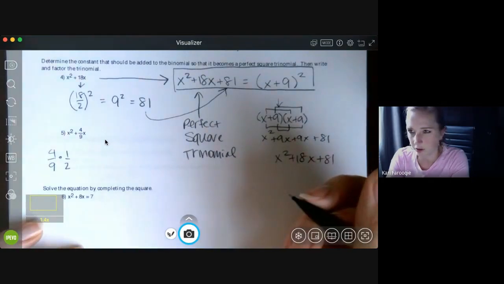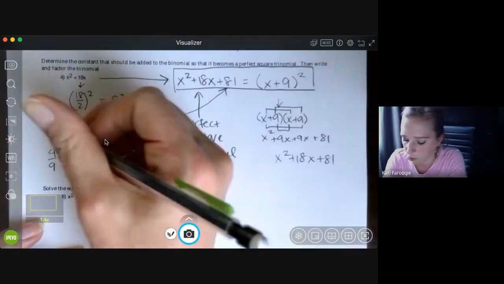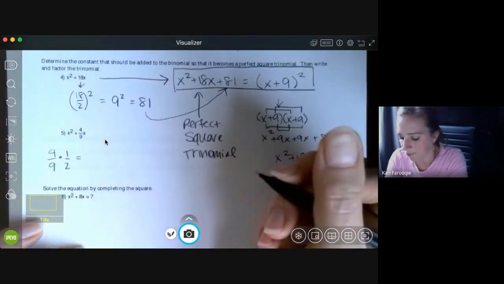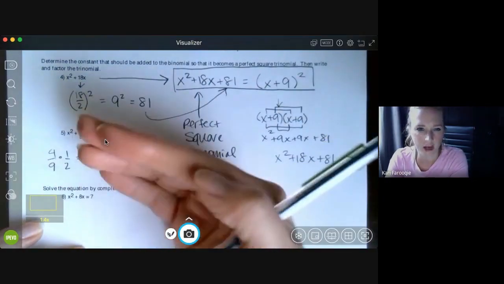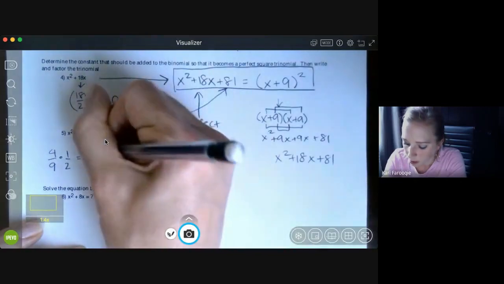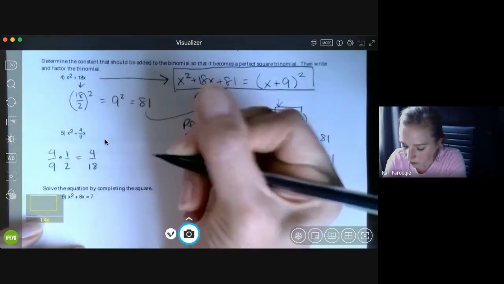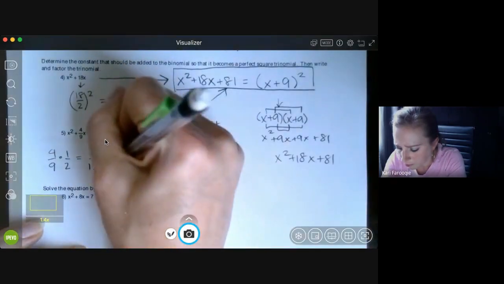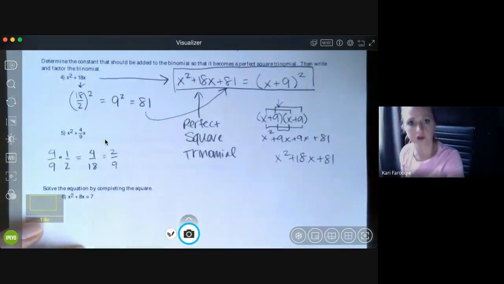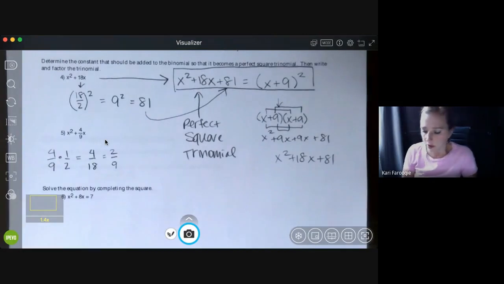Or you can think of it as multiplying the denominator by 2. But technically 4/9 divided by 2 is 4/9 times a half. And then you end up with 4/18. And you can, of course, simplify that down. Divide the numerator and denominator by 2, and you'll be at 2/9.